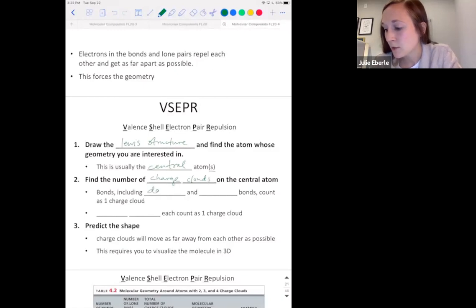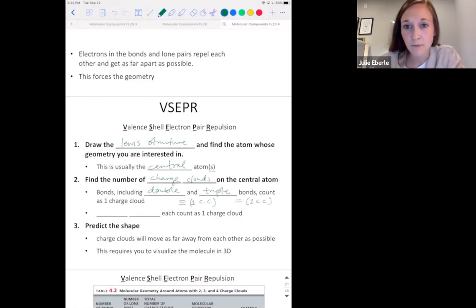Bonds, including double and triple bonds, all count as 1 charge cloud. All right, so this is just equal to 1. That is 1. I'm going to abbreviate charge cloud. And this, a double bond, that is just 1 charge cloud, just like a single bond is. Lone pairs as well.